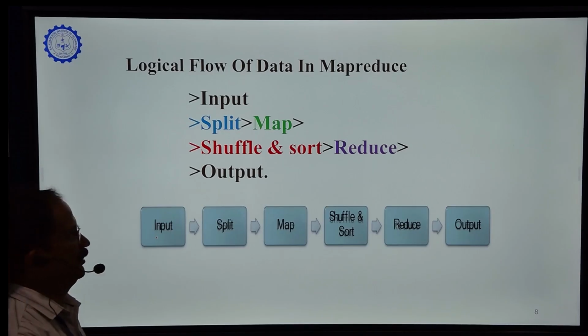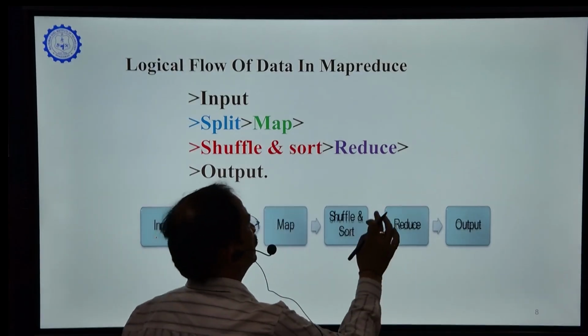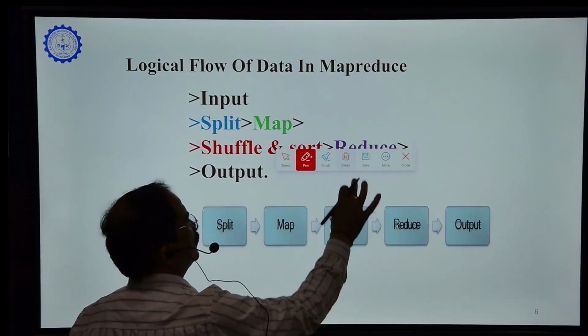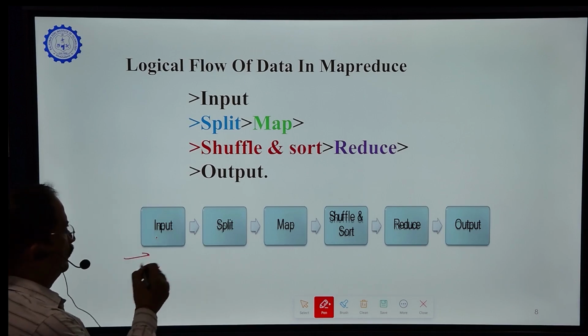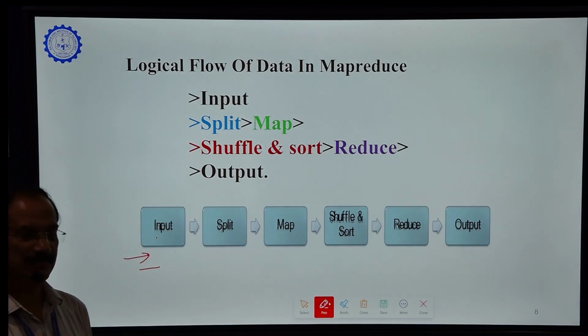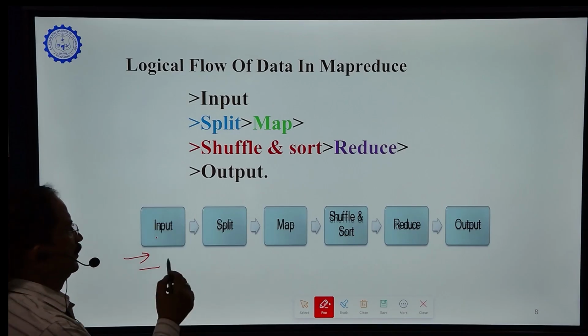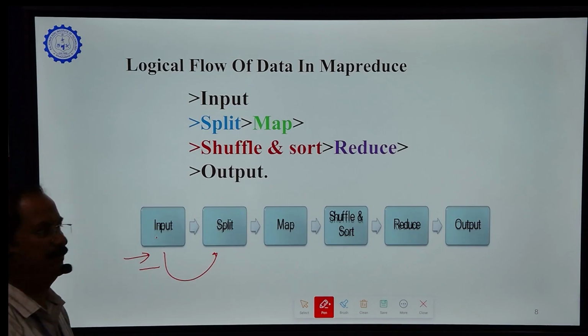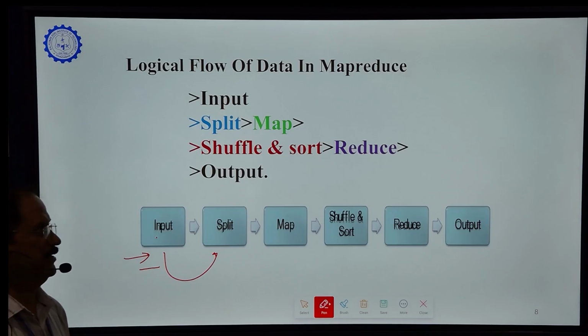If we see this one, input data comes from the various sources. The data is unstructured and semi-structured. That data is split with respect to whatever we want to process.